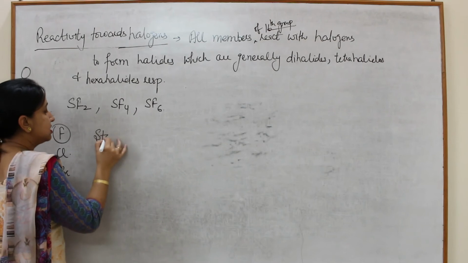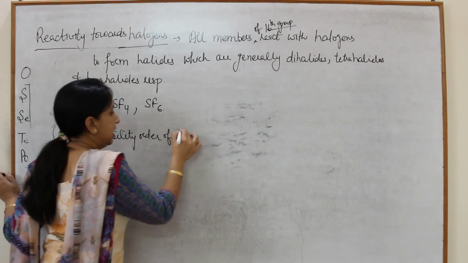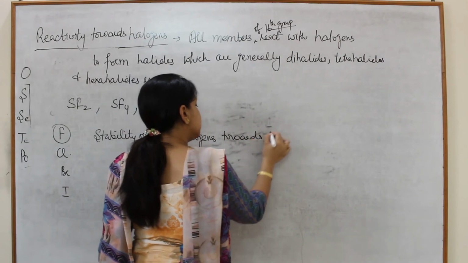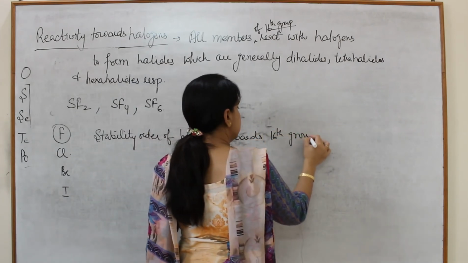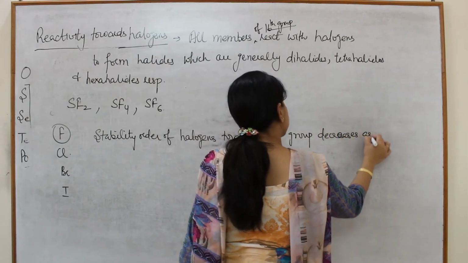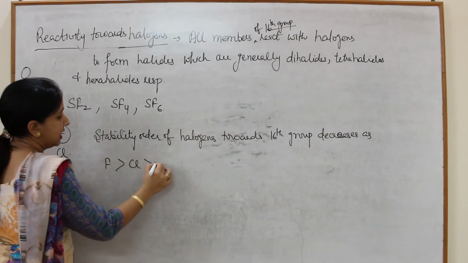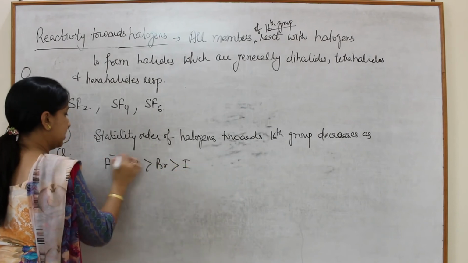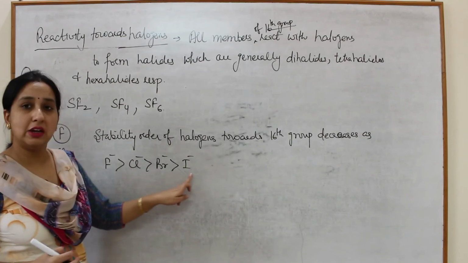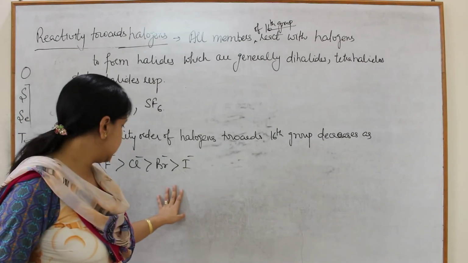Means stability order of halogens towards 16th group decreases as fluorides are more important than chlorides, then bromides, then iodides, because as the size of halogen goes on increasing, their stability goes on decreasing.